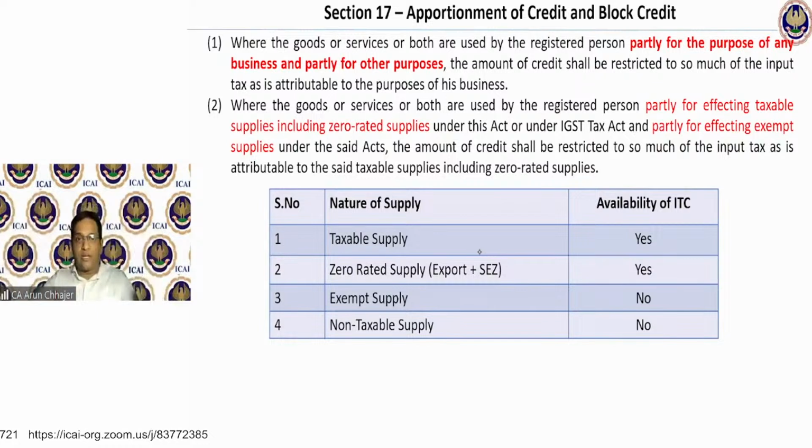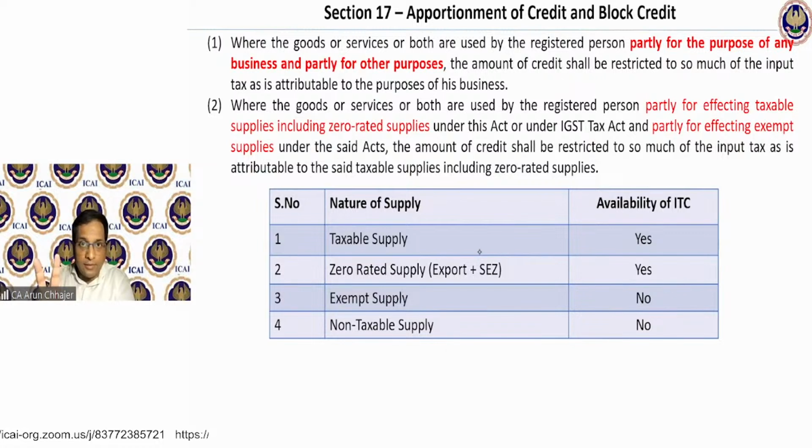Let's say this is my office and I am paying the rent on which I am paying the GST. The ground of this office, I give for yoga activity in the morning or in the evening, and I also give this building for some religious purpose. Some people come and do religious activity. Then I am using it for some non-business purpose also.